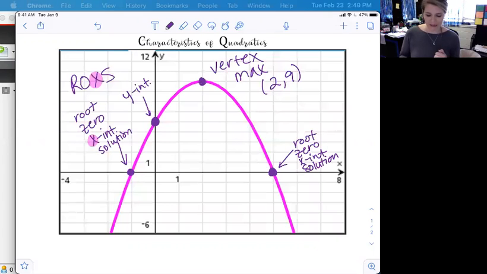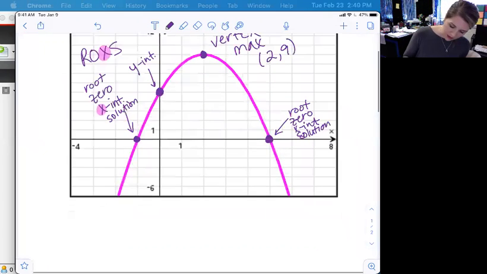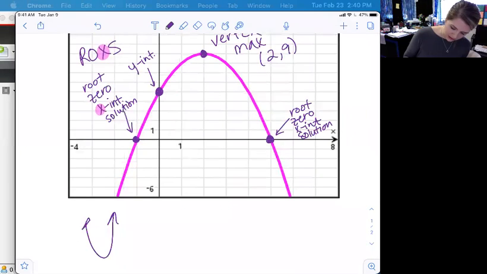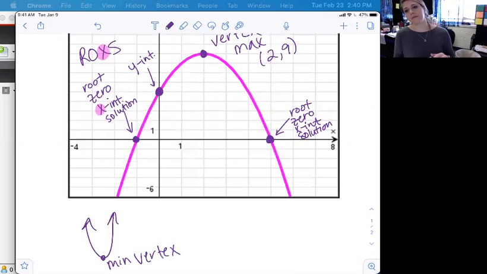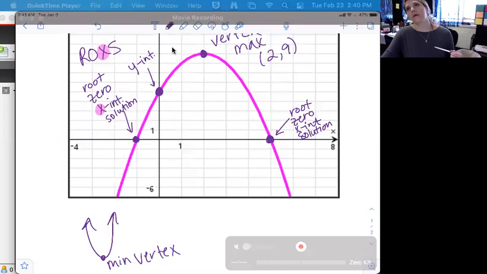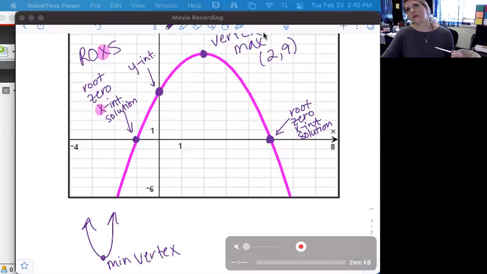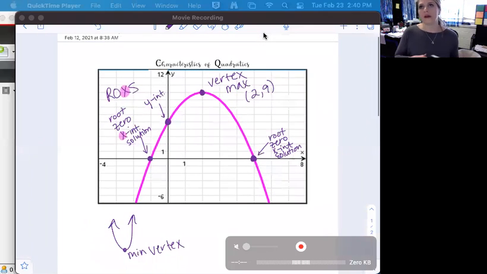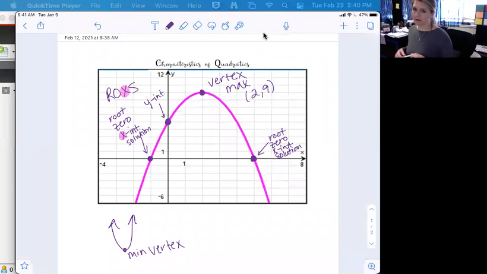So this has a maximum vertex. So if I was doing a minimum vertex, it would look like this. Just like that. So I got a maximum vertex and I got a minimum vertex.